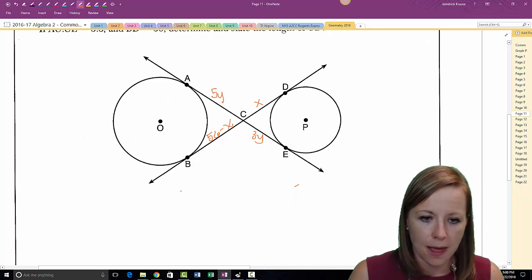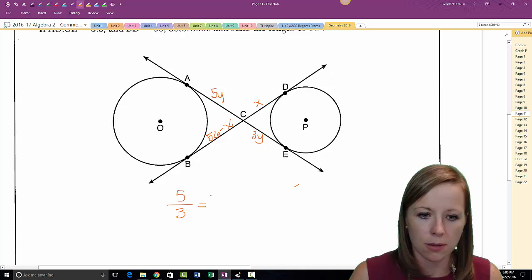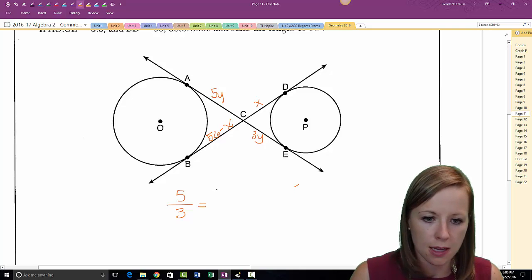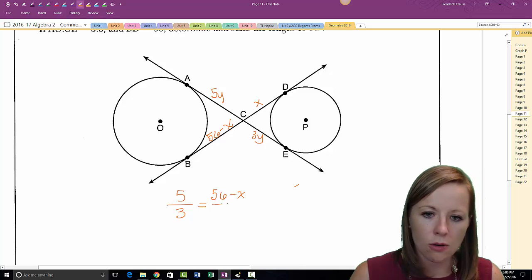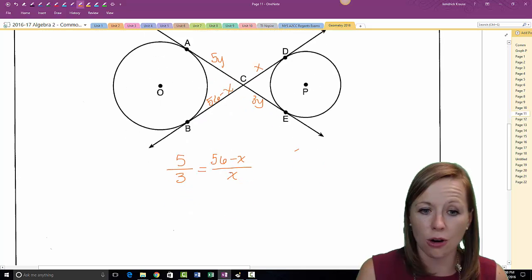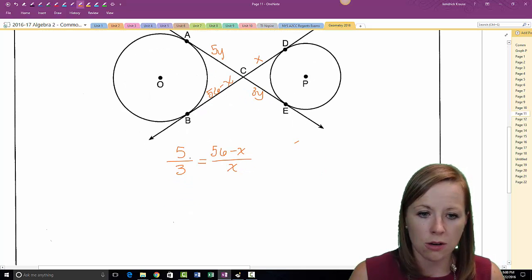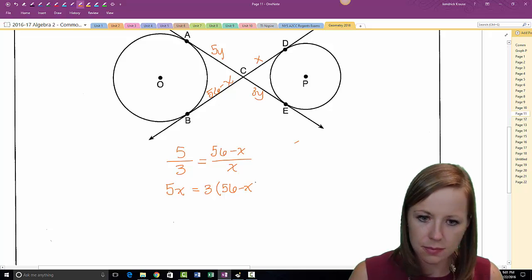I'm going to do 5 over 3 is equal to the bigger piece, which would be 56 minus x, looks bigger, over little x. And then you're ready for cross multiplying. So 5 times x is 5x equals 3 times (56 minus x).